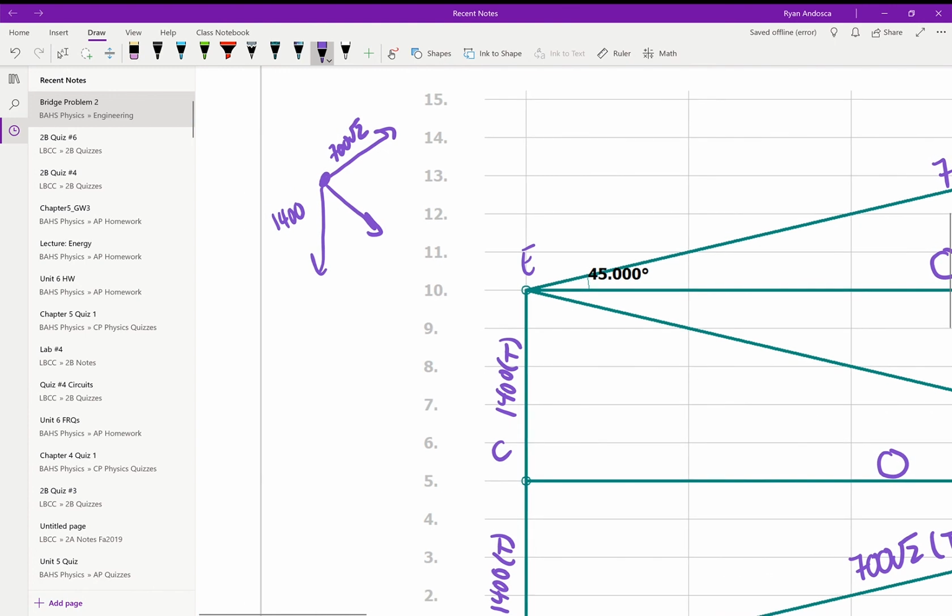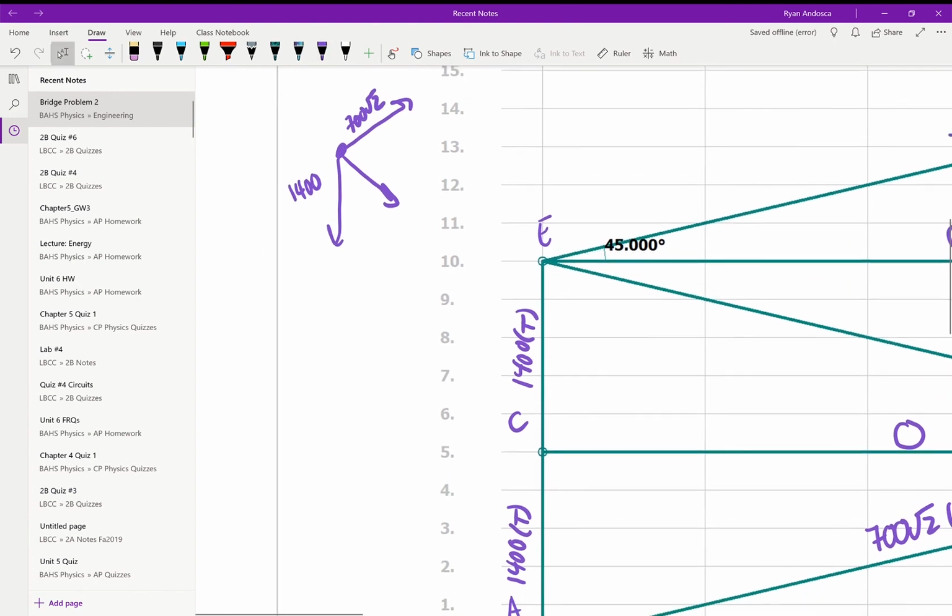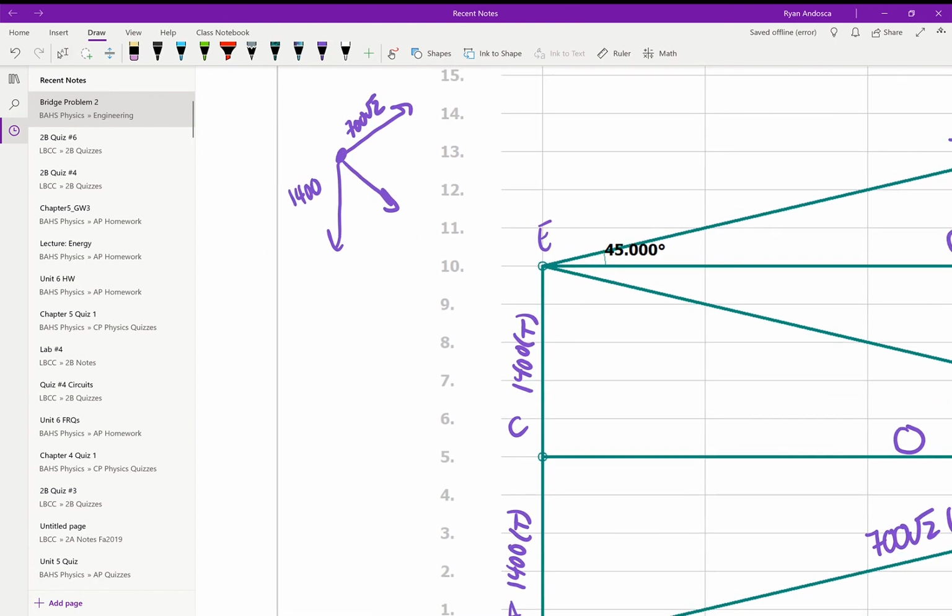Okay. So I'm going to redraw the angled force as two parts. So it's got 700 this way and 700 this way, which means our unknown here, which is ED, must be broken down like this.